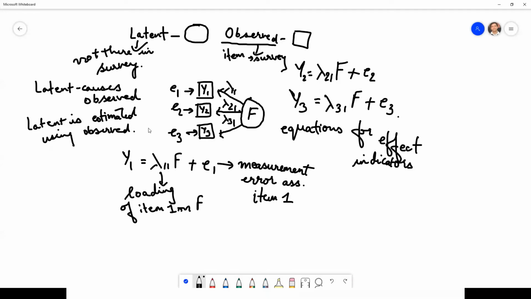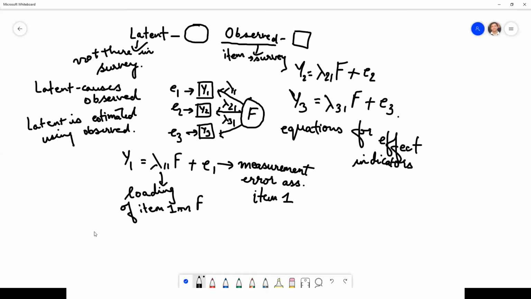So in your surveys, what are these observed? These are, let's say your scale for factor F, let's say engagement has 3 items. So y1, y2, y3 are 3 items on which people are going to respond, and they will be called observed items, and the latent factor is your engagement.